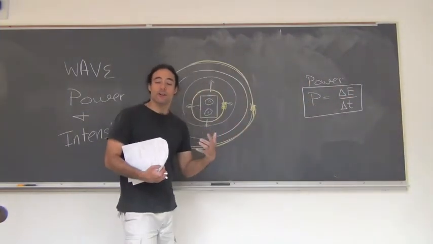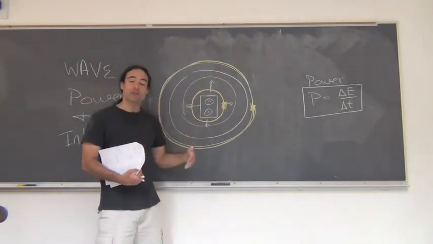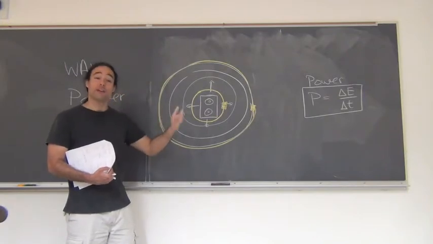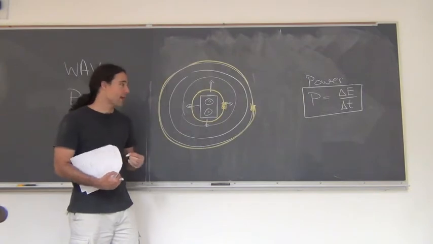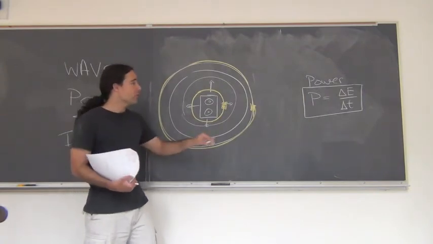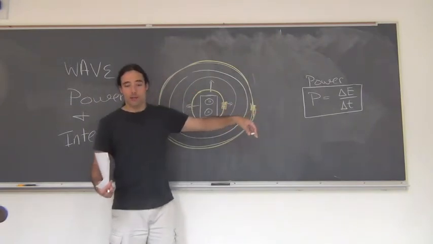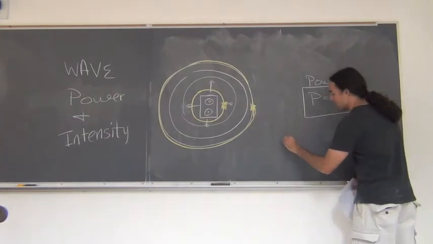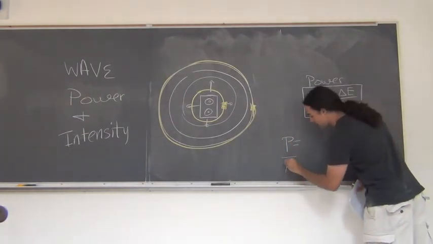This is why it's difficult to hear sounds that are very, very far away, because the energy stored in that sound gets weaker and weaker, or the energy density gets weaker and weaker the further away you get from the source of the sound. So if we want to monitor the energy coming out, we really don't just want the total energy coming out. We want to find the energy coming out, or the power coming out, per unit area.